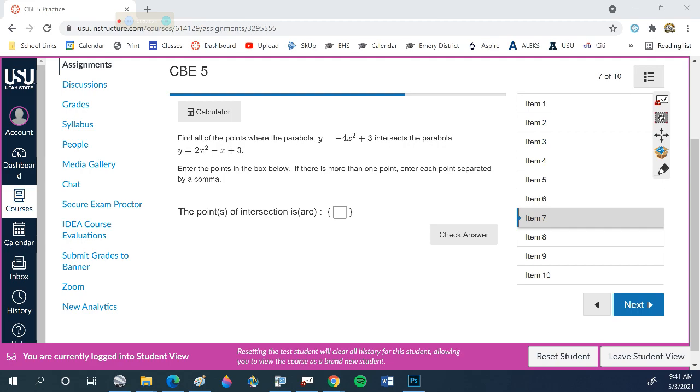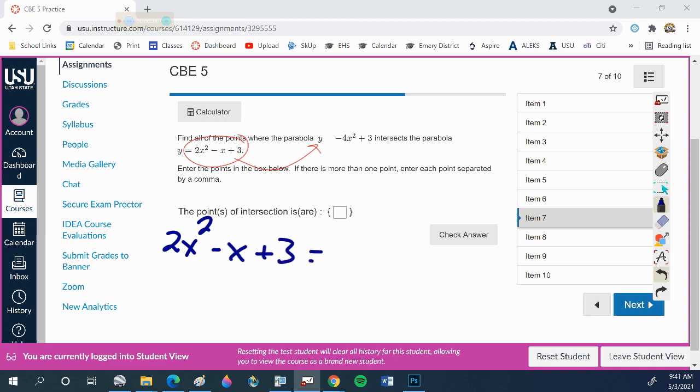You could do elimination if you wanted, but since they're both equal to y, let's just do substitution. So I'm going to plug this in there. 2x squared minus x plus 3 equals negative 4x squared plus 3. What should I do?